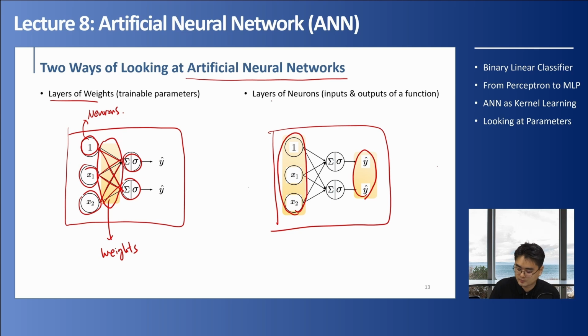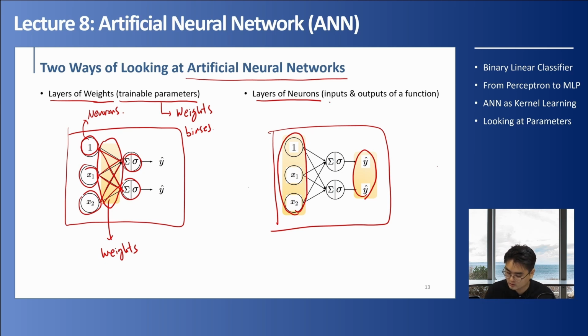These two perspectives are both important because if we see our neural network or MLP as layers of weights, we are putting more emphasis on our trainable parameters, where we train our weights and biases. Layers of neurons are also important because this is how our information is transformed and transported from one layer to another layer.